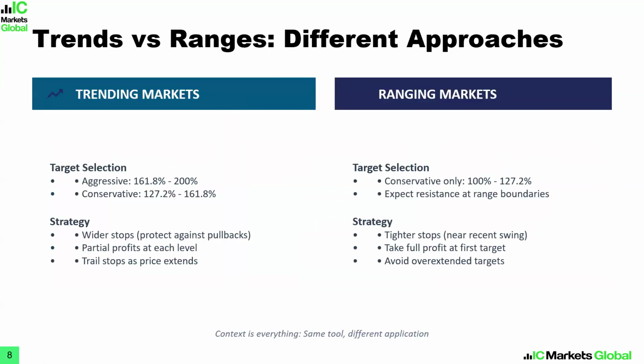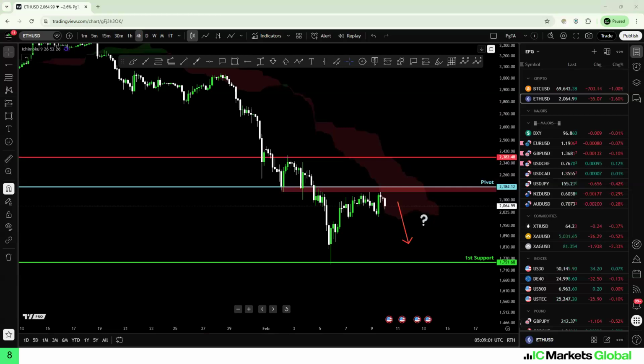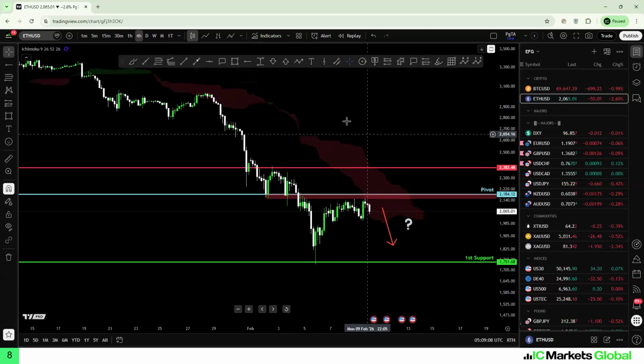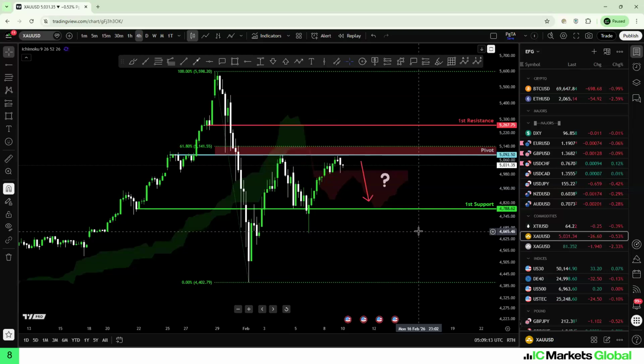Okay, so we're going to look at the chart and use the extension. What does it mean? For example, let's say we are at gold right now.